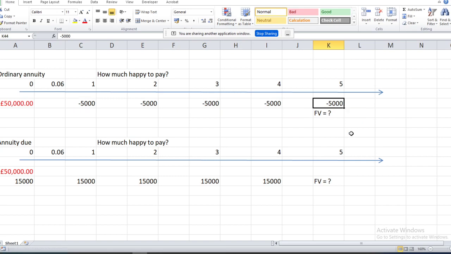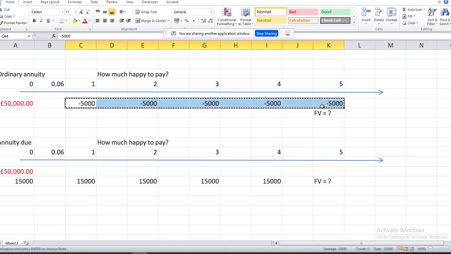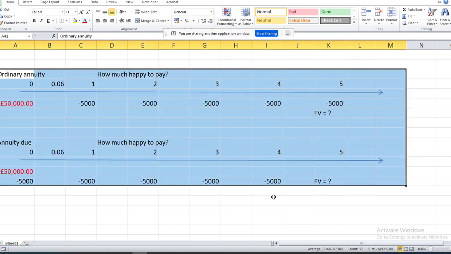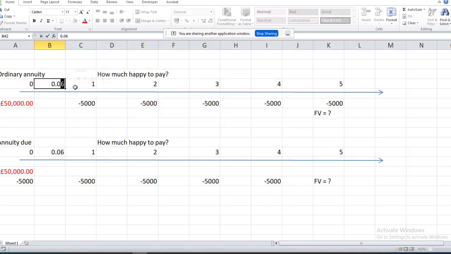Let me copy these cash flow payments over here so that we can have two timelines. Everything is the same about these timelines. Let's change the interest rates so we have different examples. Say 9% interest rate, 9% interest rate here.